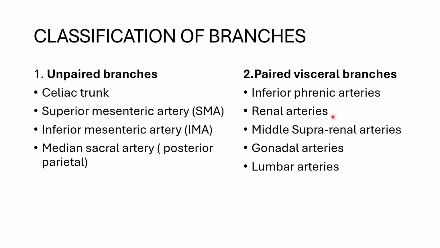The paired branches include the inferior phrenic arteries, renal arteries, middle suprarenal arteries, gonadal arteries, and lumbar arteries. So these are the branches of the abdominal aorta, classified as paired and unpaired.